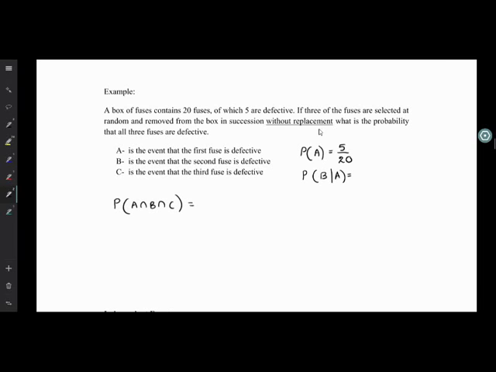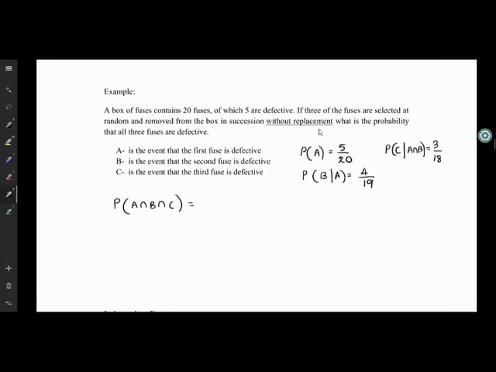Since we already picked a defect and you do not put it back, there are only 4 out of 19. Then we need the probability the third is a defect, knowing that the first and the second were defects. What is that probability? Now you have 2 defects taken out, you haven't put them back, so there are only 3 remaining defects out of 18.